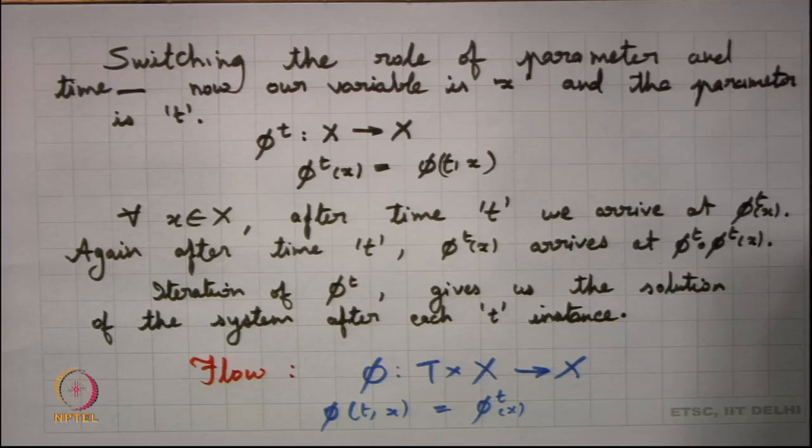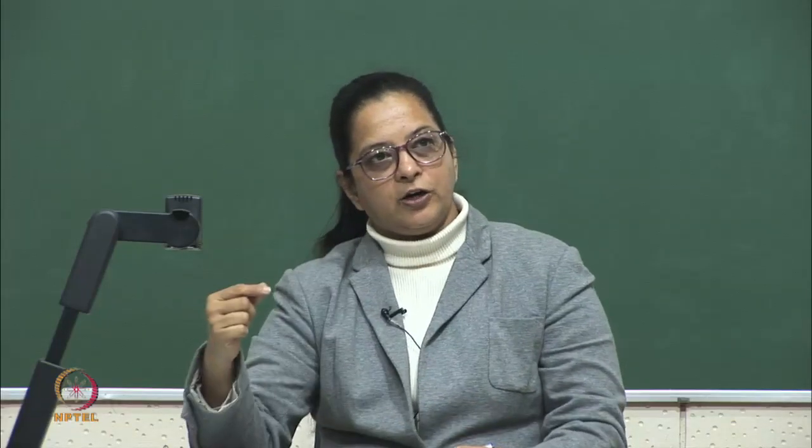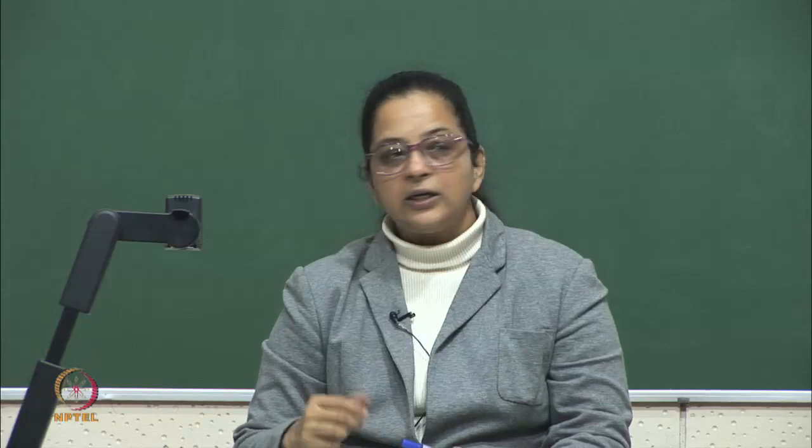So, this gives me something in terms of a continuous factor. What happens is that I can get a map basically not on X, but now I am looking into the product T cross X.